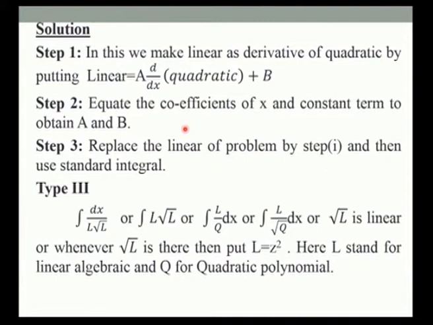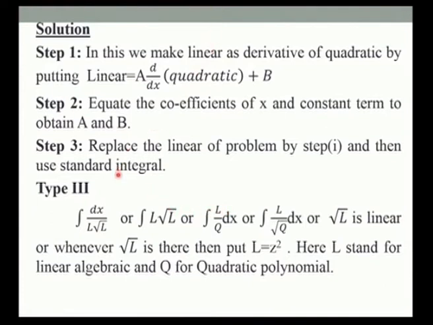Let us go to the third kind of rational function. The third type of rational function is dx by linear into square root of linear. Here L stands for linear and Q stands for quadratic.